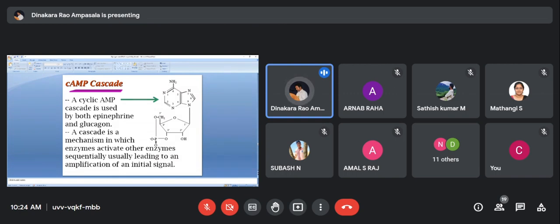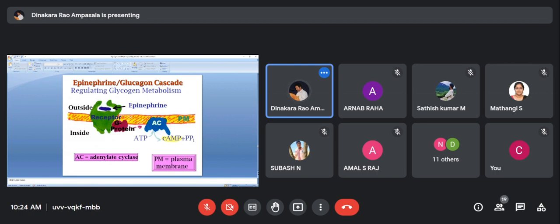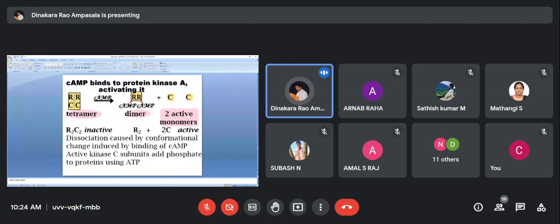Okay, so here you can see epinephrine interacts with the receptors and activates G proteins, and G proteins activate the cyclic AMP synthesizing protein, and once ATP interacts with it, it synthesizes cyclic AMP. Okay, this is called the cyclic AMP cascade.